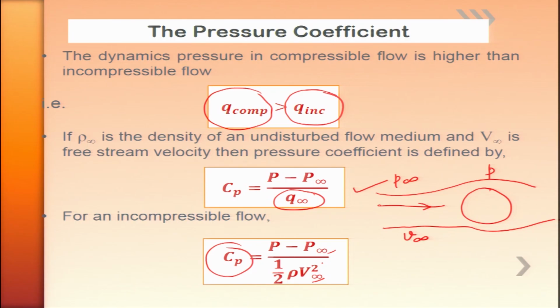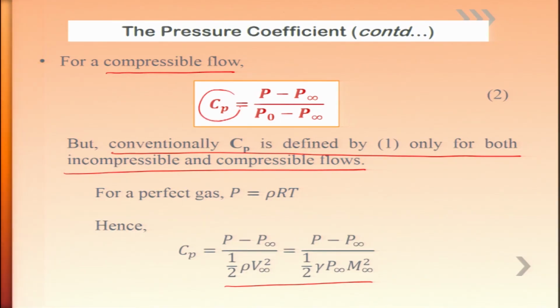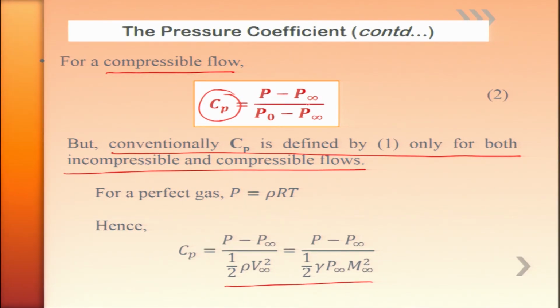Doing a similar exercise, the pressure coefficient is the local pressure difference with respect to the free stream divided by the dynamic pressure. By definition, for compressible flow, Cp is P minus P infinity, the local change in pressure, divided by P naught minus P infinity, which again gives the dynamic pressure for compressible flow.